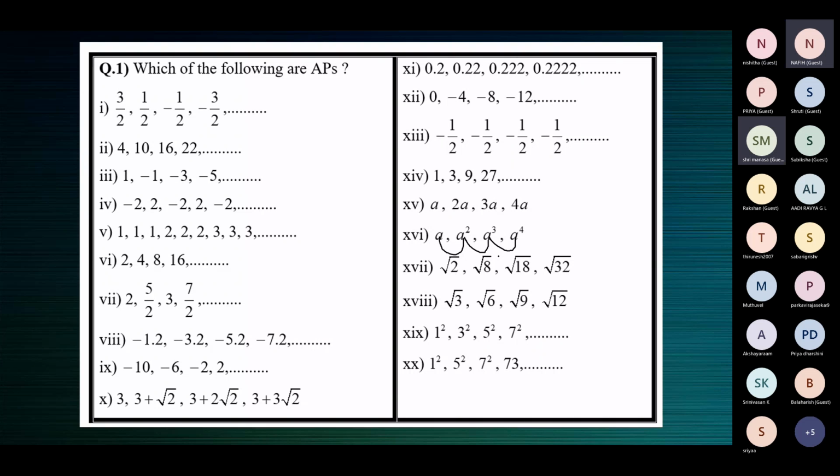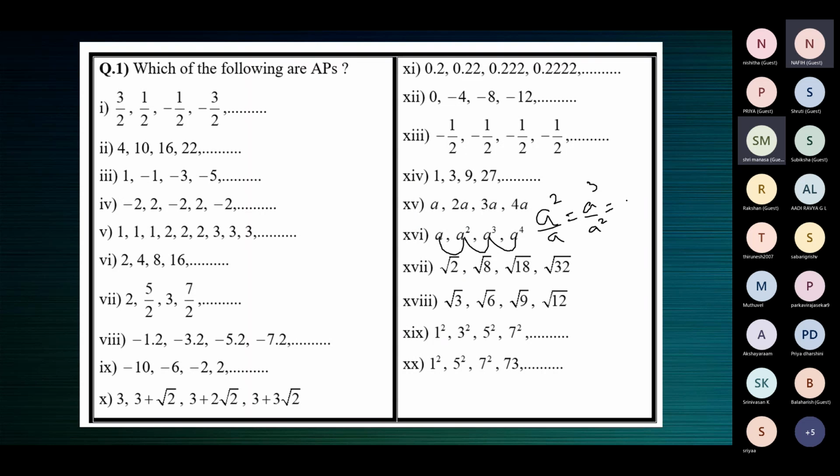What is A cubed divided by A square? A, ma'am. What is A to the power 4 divided by A cubed? A, ma'am. So A square by A is equal to A cubed by A square.